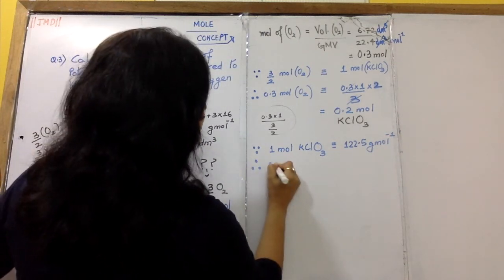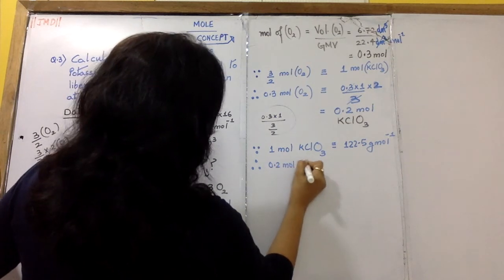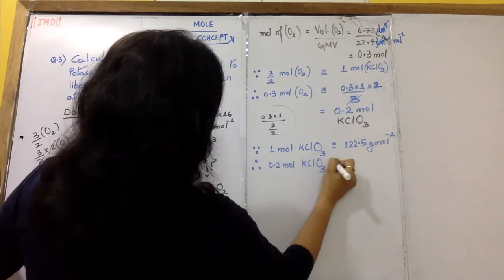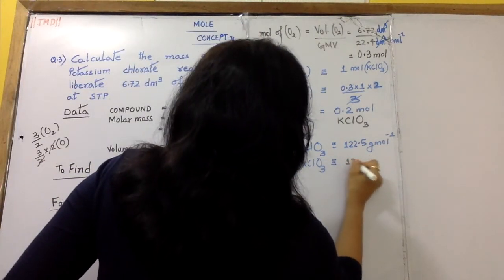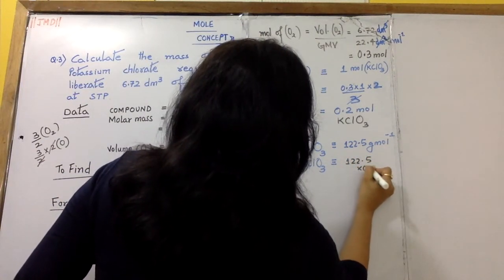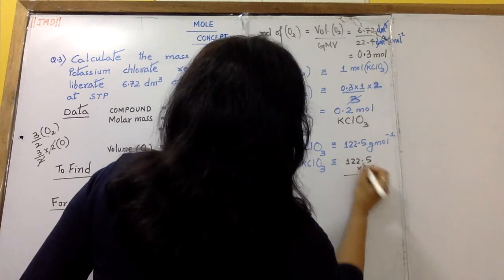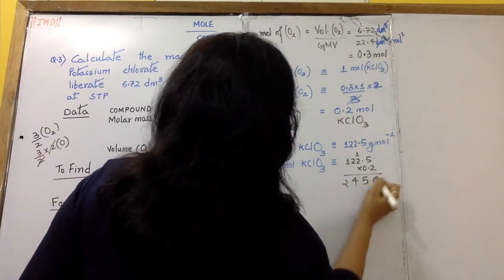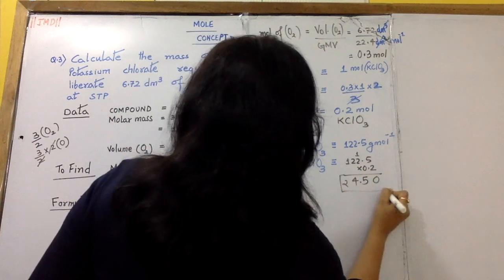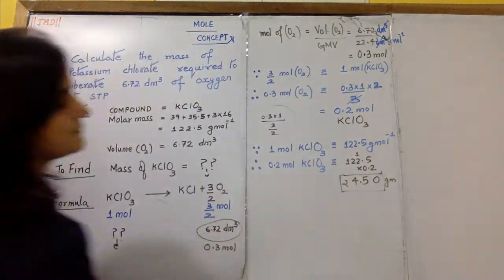Therefore, 0.2 mole KClO3 equals 122.5 into 0.2, which is 24.5 gram.